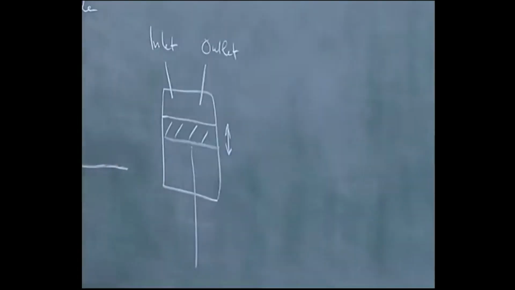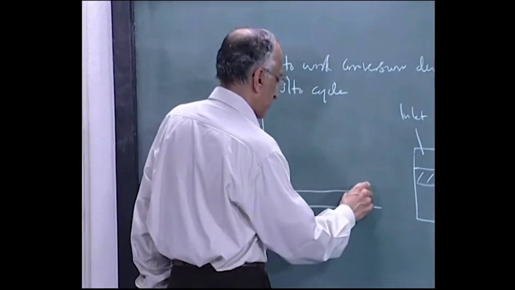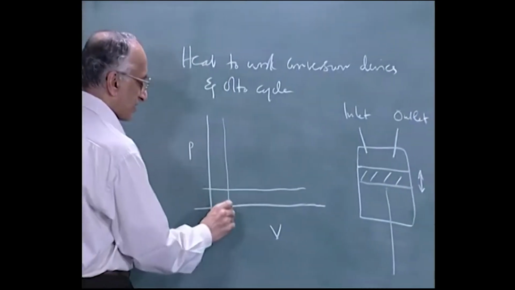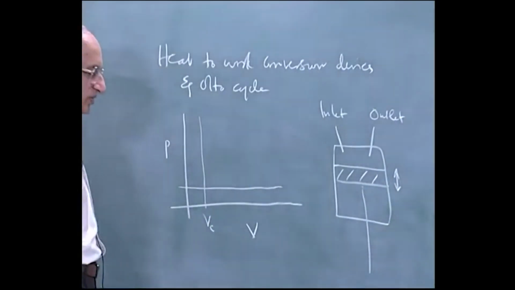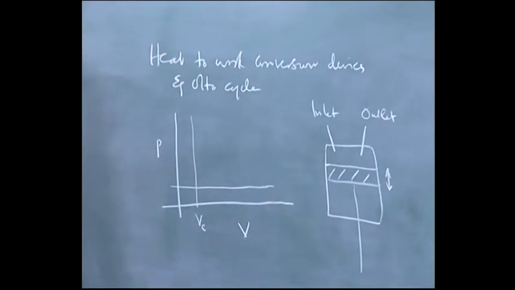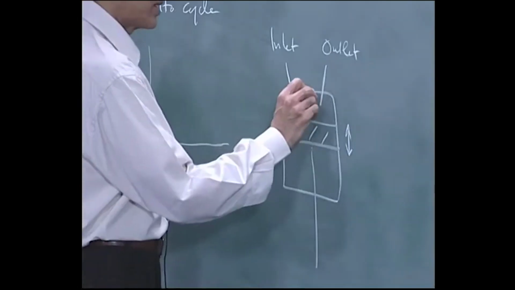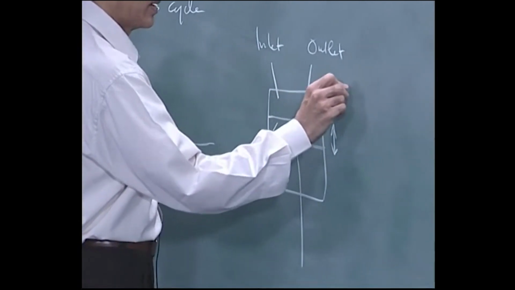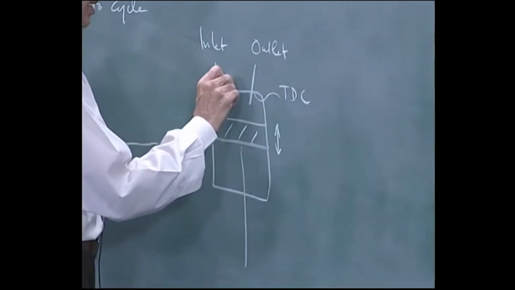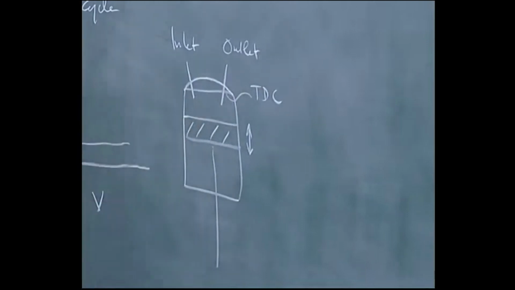There is a piston cylinder assembly, this moves up and down. The strokes are like this. First you have, at atmospheric pressure, an intake stroke. Let us draw some figures. This is the clearance volume. When this cylinder reaches the top dead center, TDC, the cylinder is shaped in such a manner that you have actually a small dead volume there, called clearance volume.